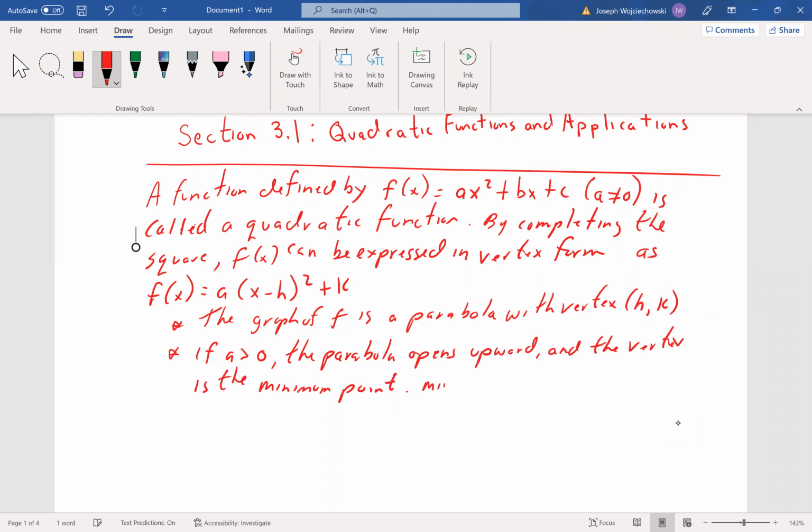In other words, the minimum value of f is k.